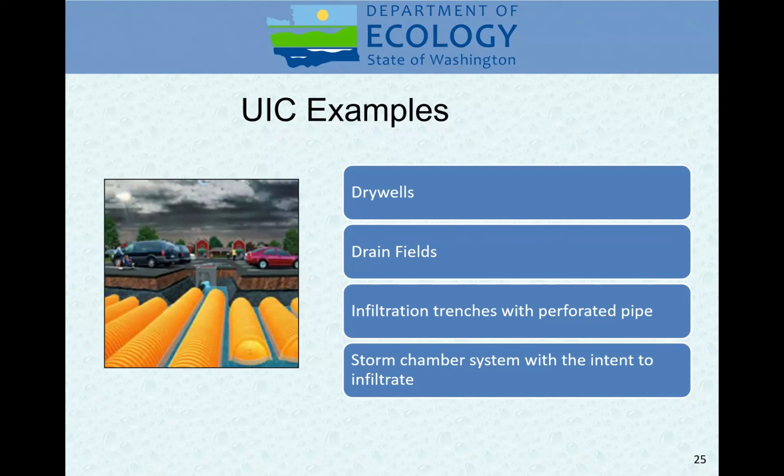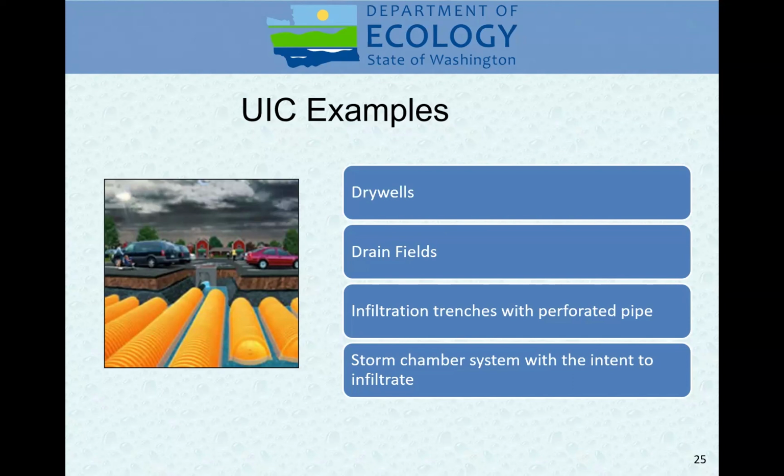And if you're building a UIC, whether you're building it using the guidance of the UIC rule or you're building it using the guidance of MR7 out of the permit and the manual, you must register the UICs with the state.